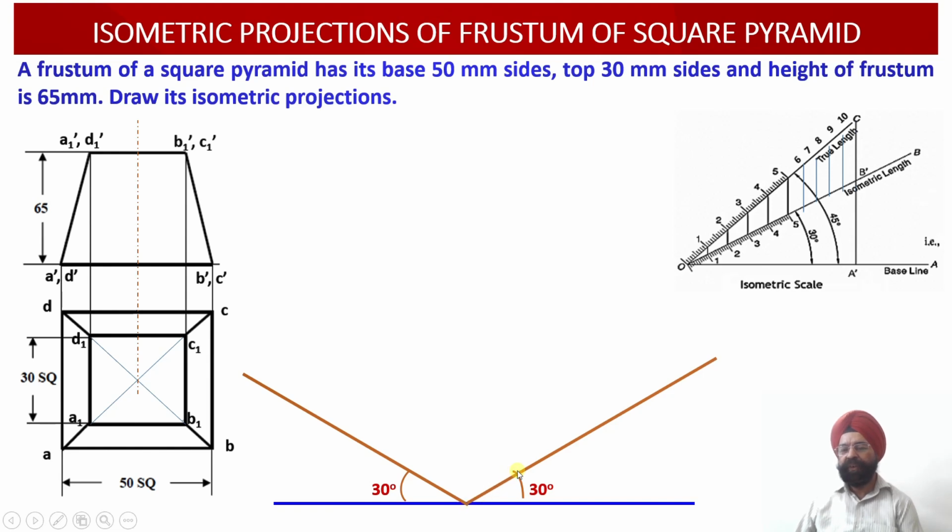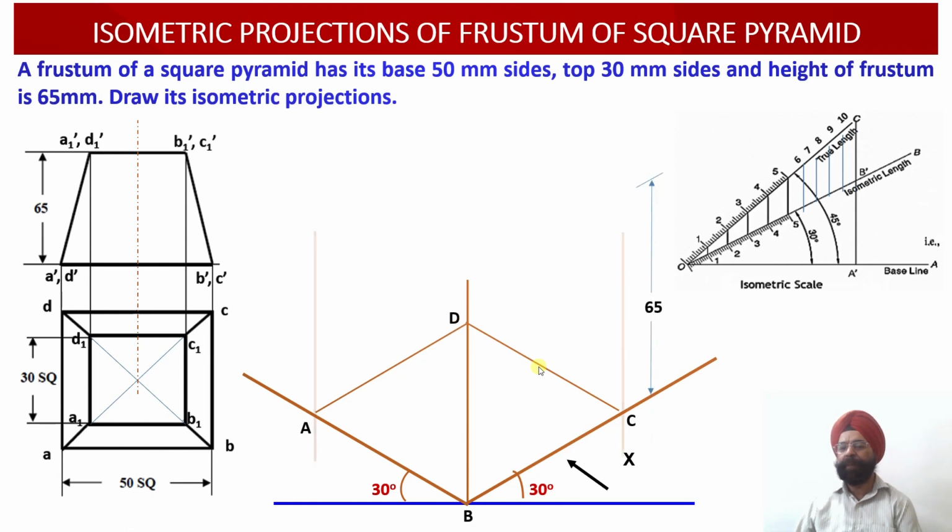Here again the 50 millimeter edge corresponding to the side BC will be drawn along the Z axis. Now once I draw the 50 millimeter base edge along the X axis and the 50 millimeter edge along the Z axis, then two more isometric lines I need to draw in order to obtain all the 4 points of the base.